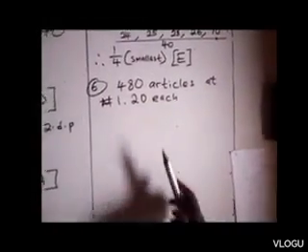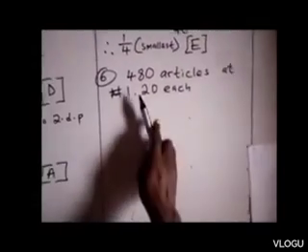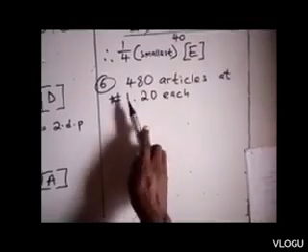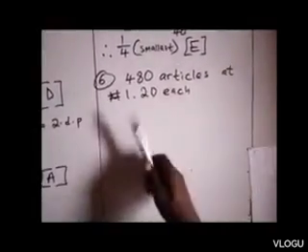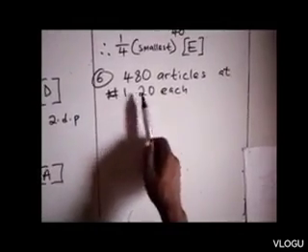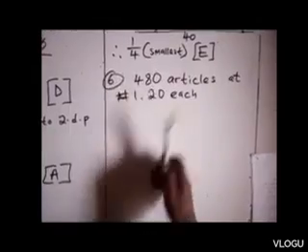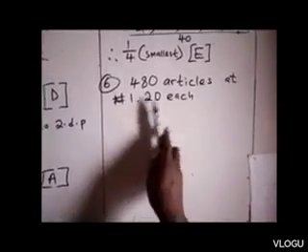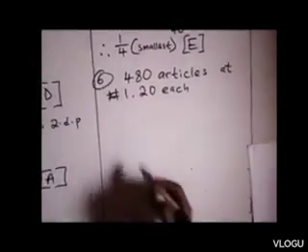This is just as easy as it sounds. When you hear each, it means you're buying one for 1 naira 20 kobo. If you're buying 4, it is 1 naira 20 kobo times 4. Now you're buying 480, so this is multiplied by 480.